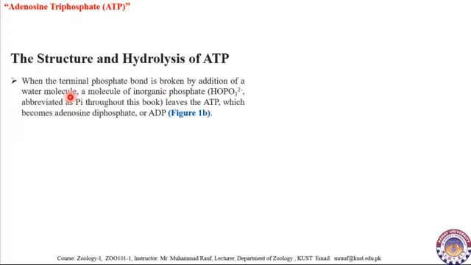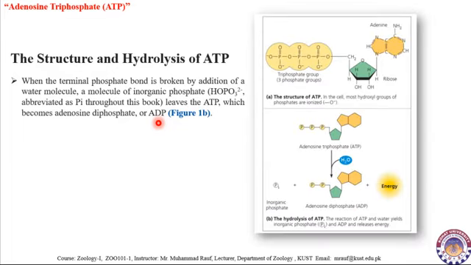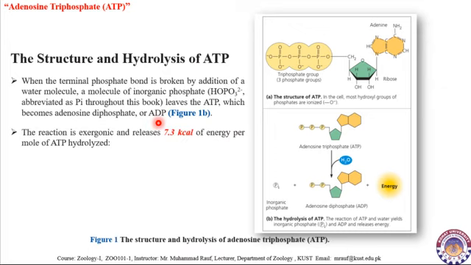The remaining molecule is ADP with two phosphates, and in this process energy is liberated. How much energy? 7.3 kilocalories per mole of ATP hydrolyzed. Remember, this 7.3 kilocalories is not for a single ATP, but for one mole of ATP molecules hydrolyzed.